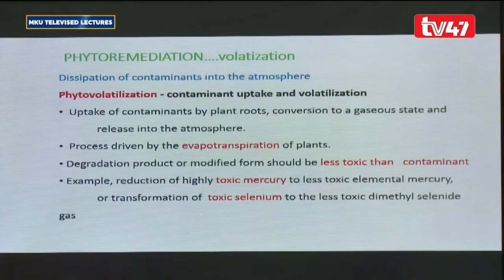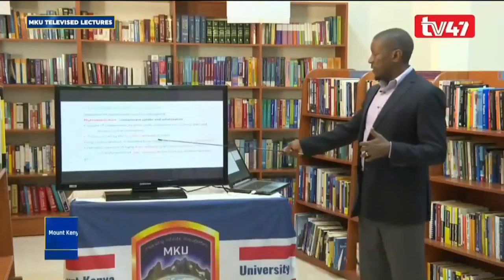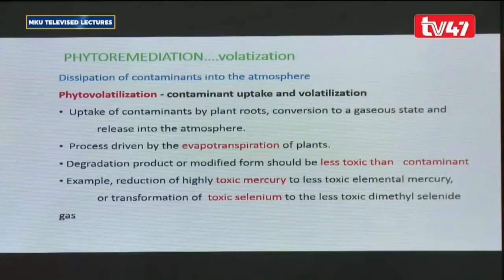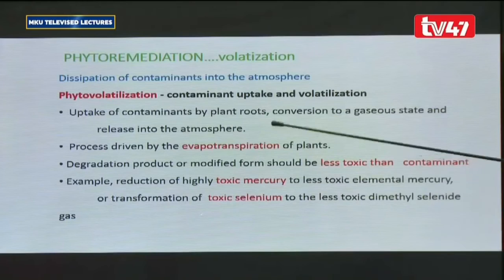Then the other one I talked about earlier, phytovolatilization, where the contaminant is taken up and volatilized. The contaminant, as it is taken up by the plant, is converted to a non-harmful form, and then through the evapotranspiration system of the plant, the contaminant, which has now become less toxic, is released through the leaves of the plant as a gas.